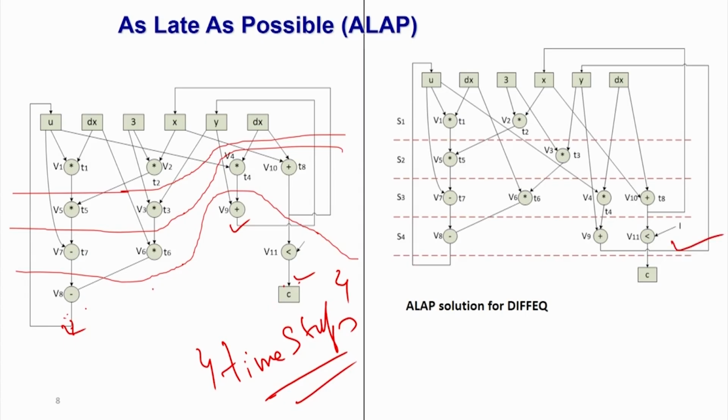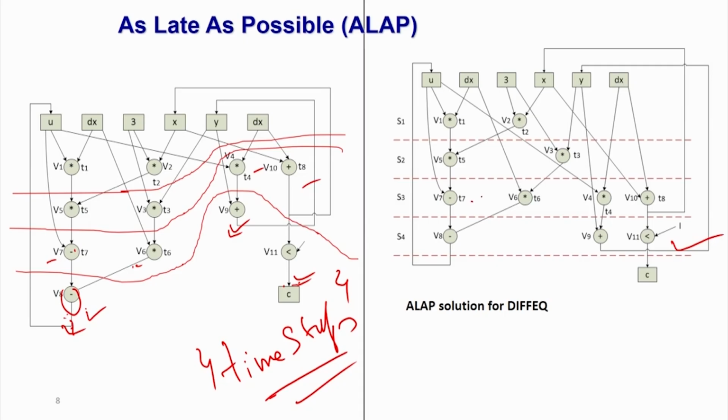Once they are done, the operations that these depend on are now ready to be scheduled. If you do not schedule them here, you need one more time step. So, we are bound to schedule all the operations whose result is used by these operations. Now, if you look into this behavior, it is very clear that V7, V6, V4 and V10 have to be scheduled now, because they are now ready.